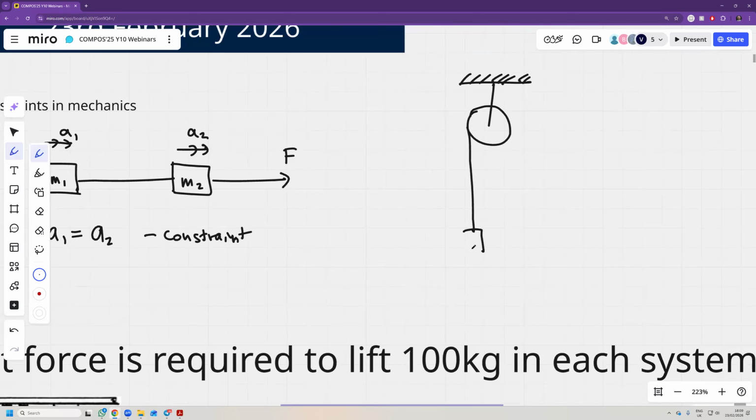But of course, A1 must equal A2. They're opposite in direction, but the magnitude of that acceleration is the same.